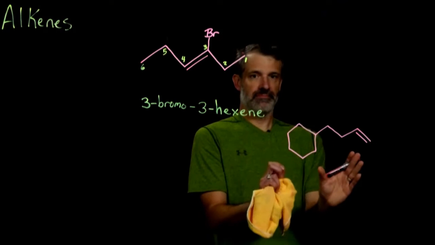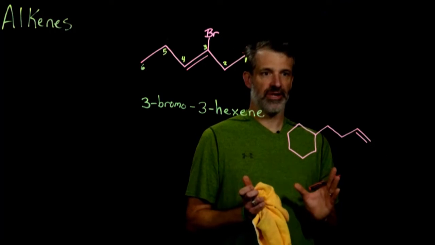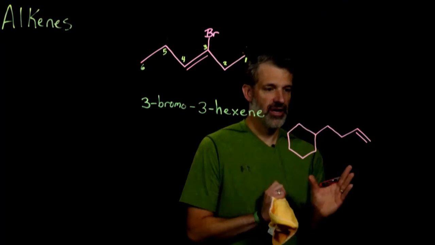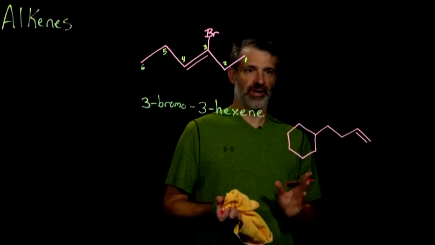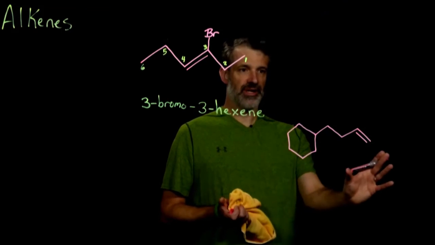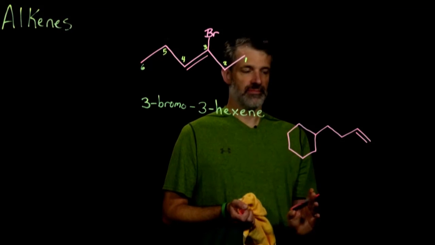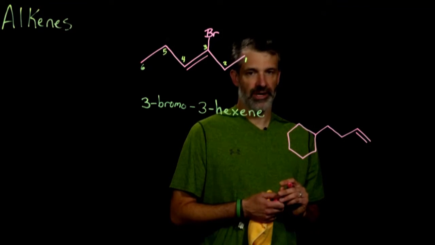The parent chain is either going to be one of two places when it comes to double bonds. It's either going to be off the ring or on the ring. Here my double bond is off the ring, so the parent chain will be located off the ring.